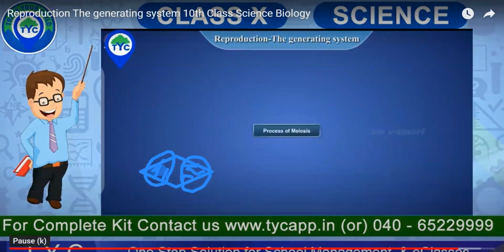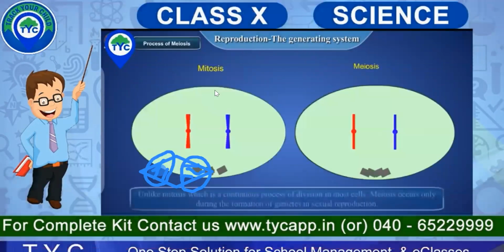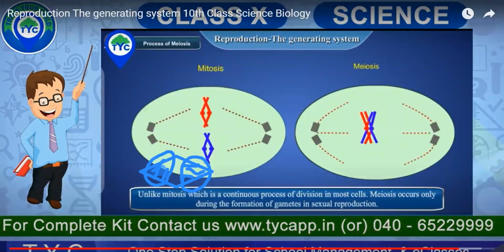And then the nuclear membrane and the other parts also get divided.